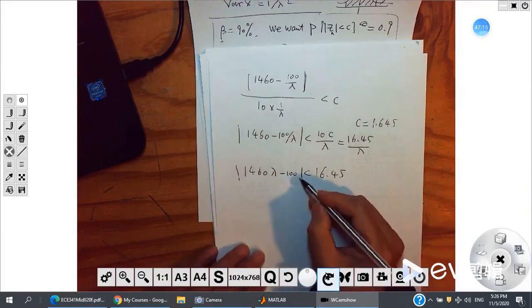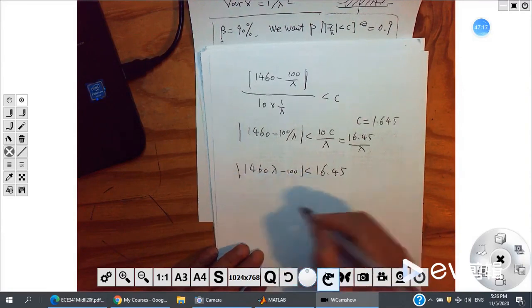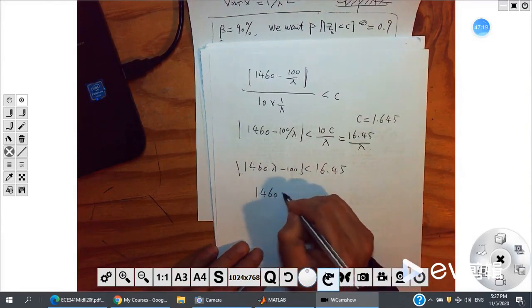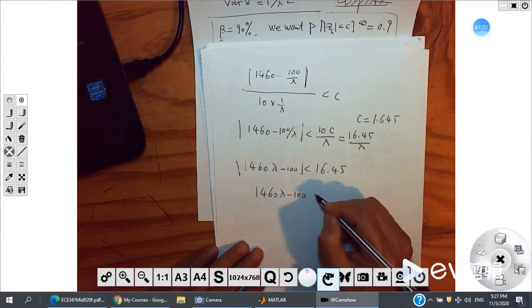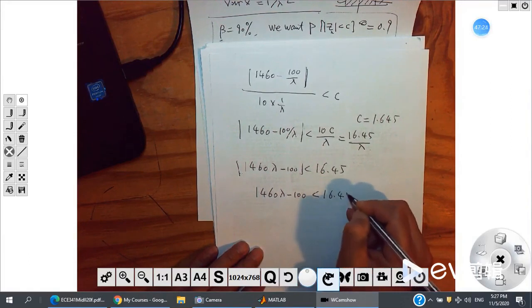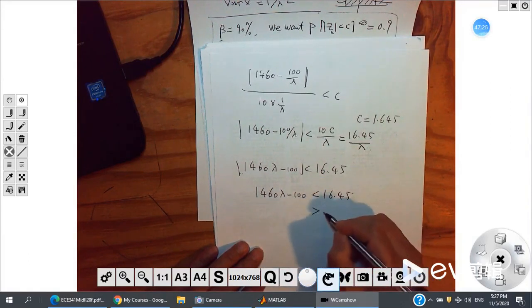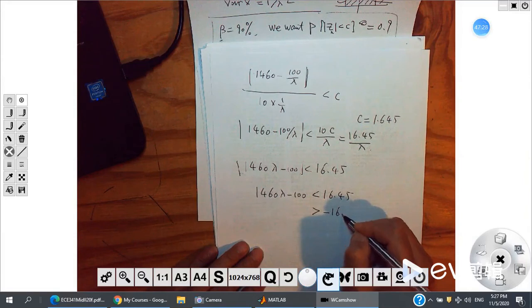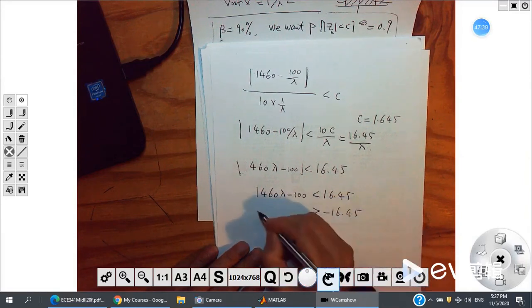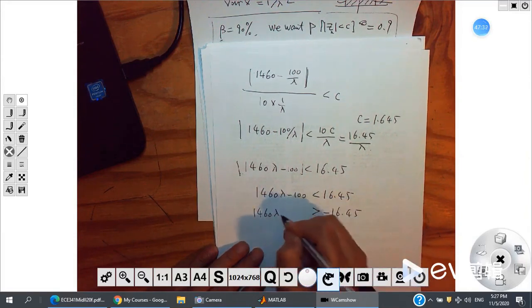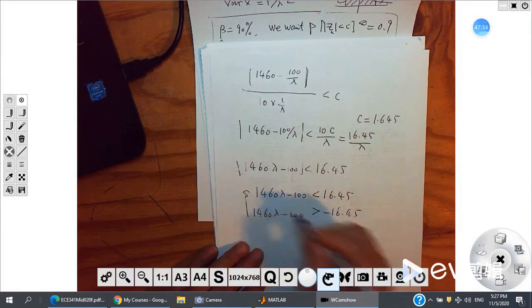Let me remove the absolute value. I have 1460 lambda minus 100 smaller than 16.45 as well as larger than negative 16.45. We have these two.